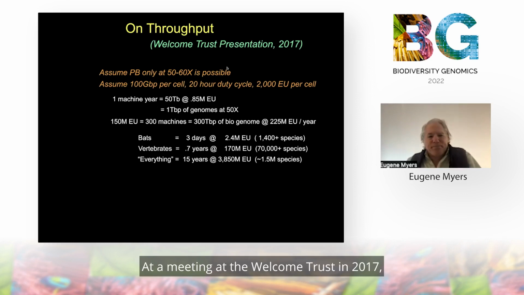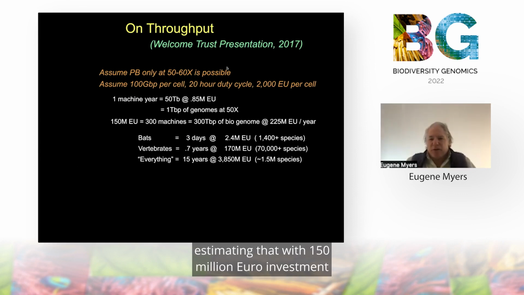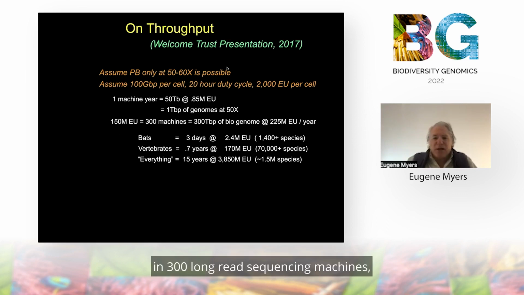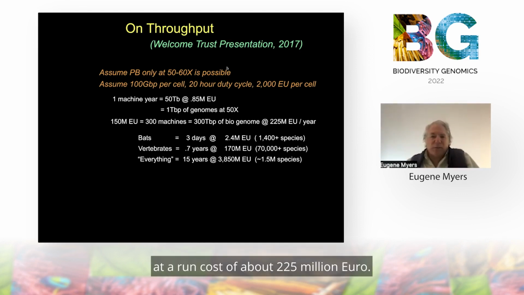At a meeting at the Wellcome Trust in 2017, I presented this slide, estimating that with 150 million euro investment in 300 long-read sequencing machines, such as we had at Celera, one could produce 300 terabytes of high-quality genomic reconstructions per year at a run cost of about 225 million euro.